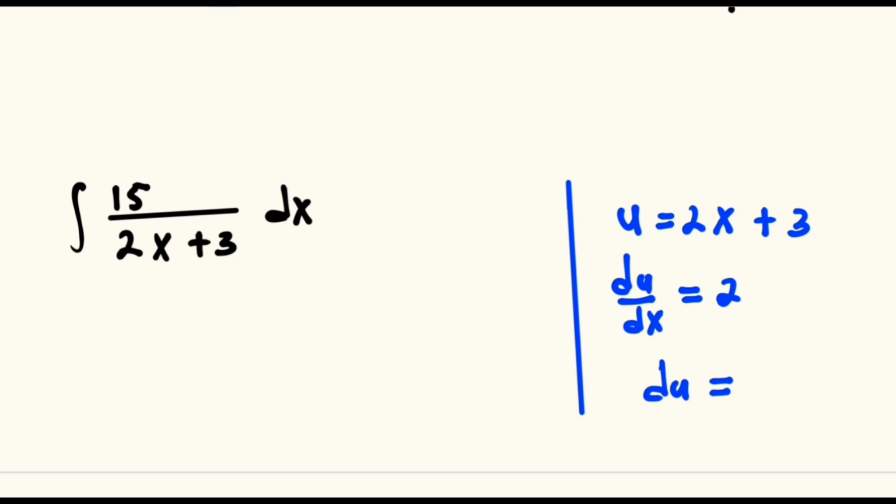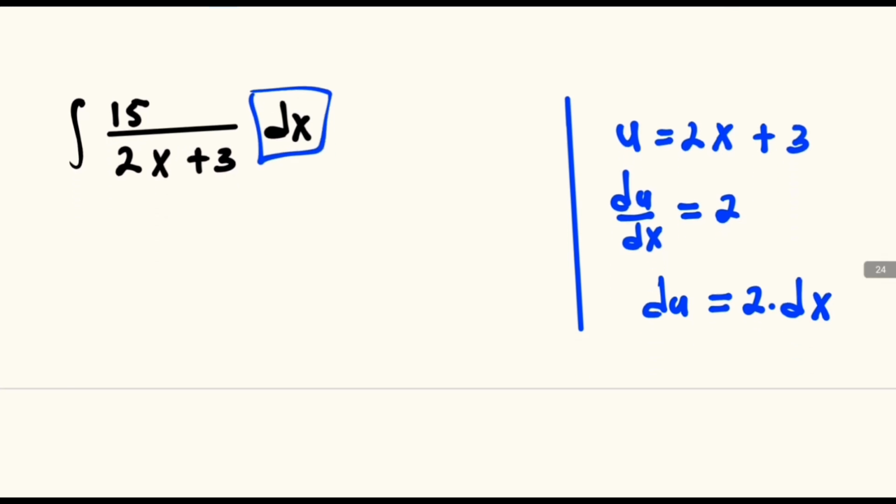Then the du will be equal to 2 multiplied by the dx, and we only have the dx there, so let's make dx the subject of the formula here. So we have du divided by the 2, which will be equal to the dx after we divide both sides of the equation by the 2.